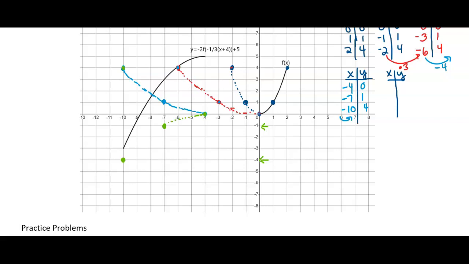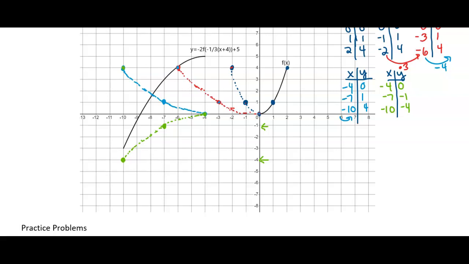I'm going to lightly sketch this in here. Like I said, try to maintain the same look of the function. It should just look like it flipped over the x-axis. My new points are negative 4, 0, which stayed where it was. My negative 7 stayed negative 7, but now I have a negative 1 instead of the positive 1. And my negative 10 is still negative 10, but instead of 4, now I have a negative 4.